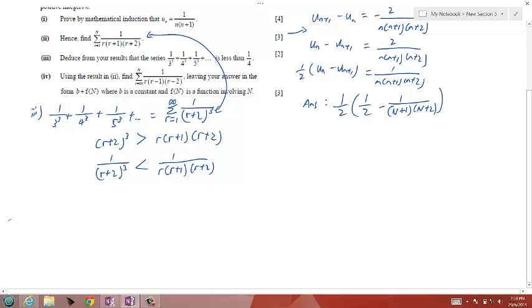Remember, this one is a sum to infinity. When you sum both sides, the inequality doesn't change. The right-hand side is still bigger.